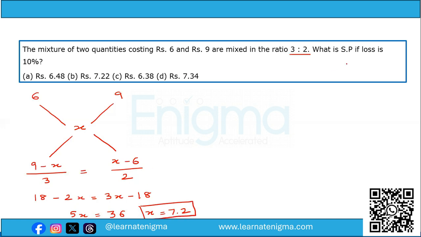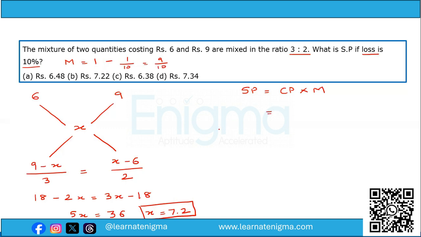Now, we want to find out the selling price. Now, selling price is cost price into multiplier. Now here there is a loss of 10% and hence the multiplier will become 1 minus the fraction equivalent of 10%, that is 1 by 10. So that will become 9 by 10.